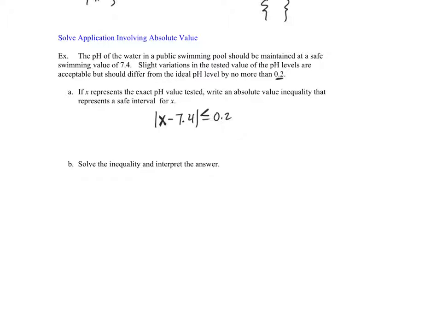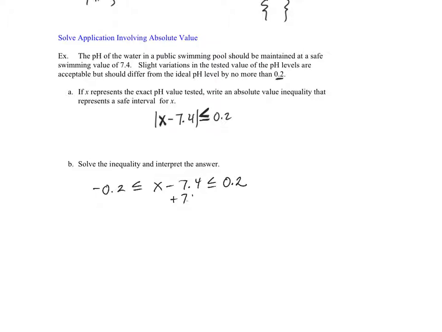Okay, so there would be the way that we would write that situation, and then we could find, well, what is the range of values? Here it's within that boundary of 0.2 units from our ideal, and so we would take negative 0.2 is less than or equal to x minus 7.4, which is less than or equal to 0.2.